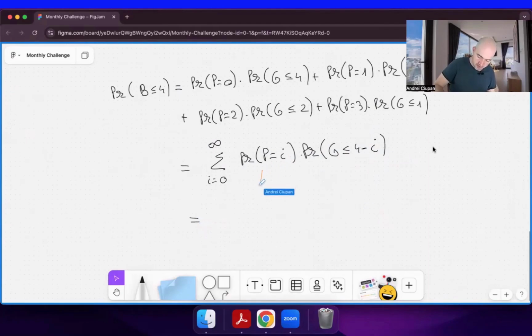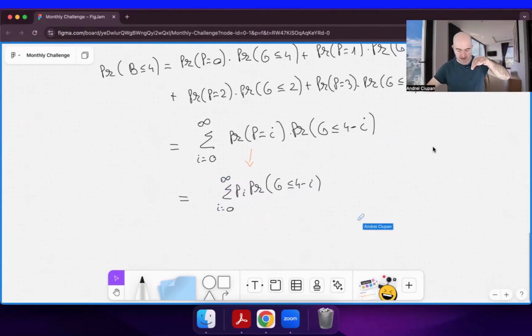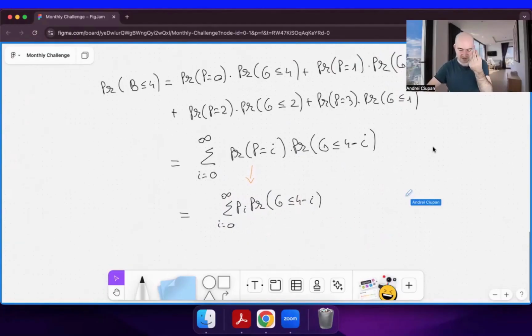We can say the probability that the Poisson is equal to I, let's just call it P of I. So it's P of I times the probability that G is less than or equal to 4 minus I, as a sum. That's the very nice thing about the Poisson. It takes exact values, and based on them, we can see what the Gaussian needs to be such that the sum is less than or equal to 4.